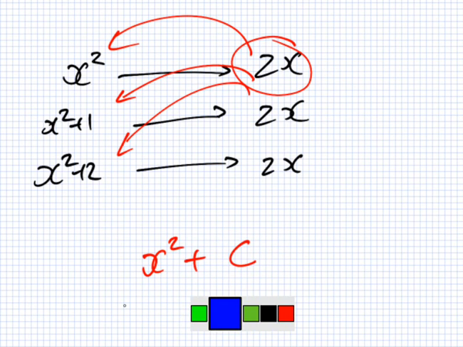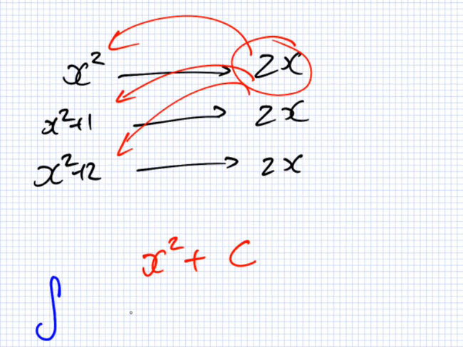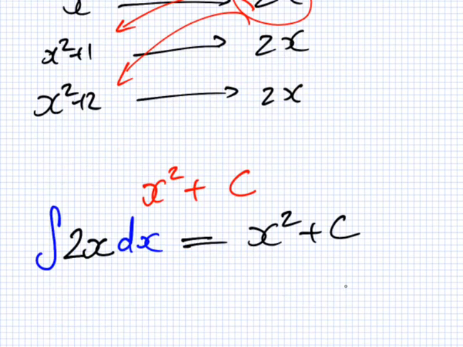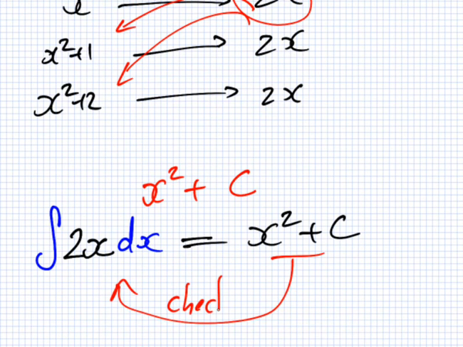In other words, if you have x squared, it becomes 2x. If you have x squared plus 1, it becomes 2x. If you have x squared plus 2, it becomes 2x. So when you try to go backwards, you're not sure which one to go back to. So we say that the answer is x squared plus some constant.